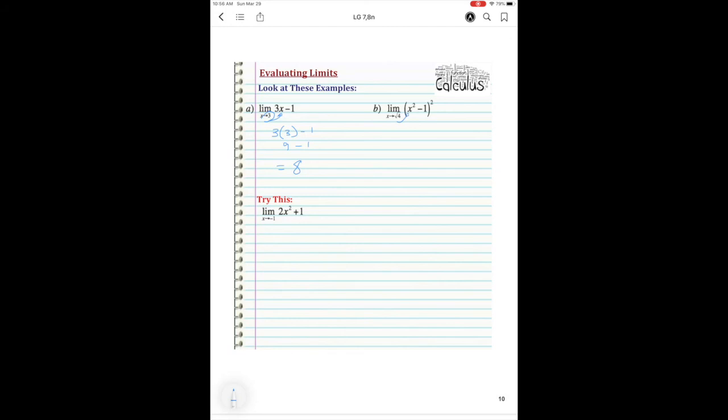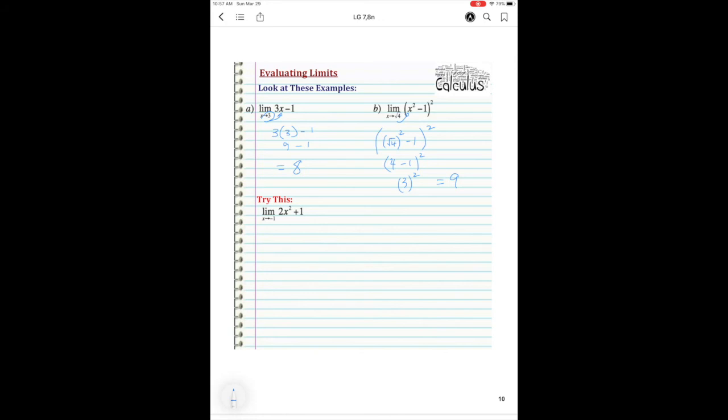So plug and chug. So we have the square root of 4 squared minus 1 squared. Well, we know a square root and a square cancel. And we know 4 take away 1 is 3, and then we have it squared. So the answer is 9. So I'll read this for you.